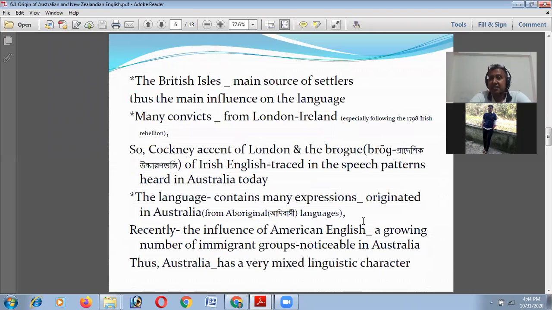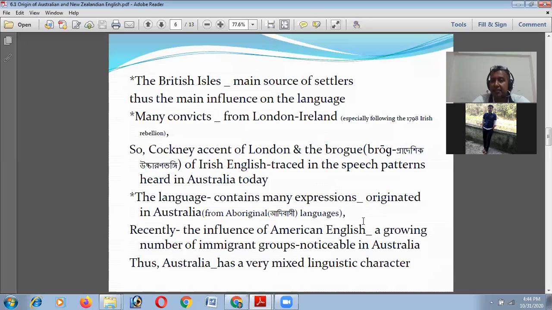The British Isles were the main source of settlers, thus the main influence on the language. So British English is the main influence on the Australian English pronunciation pattern and everything. And there were many convicts from London and Ireland.